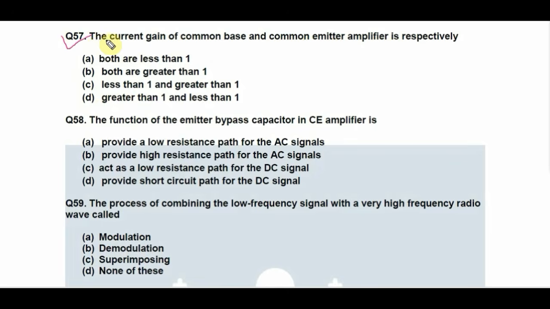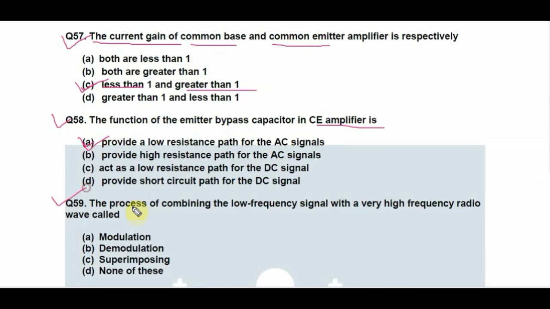In the next question, the current gain of a common base and common emitter amplifier is respectively option C, that is for common base the current gain is less than 1 and for common emitter the current gain is greater than 1. Option C is the correct answer. Next question, the function of the emitter bypass capacitor in common emitter amplifier is that it provides a low resistance path for the AC signals. Option A is the correct answer.